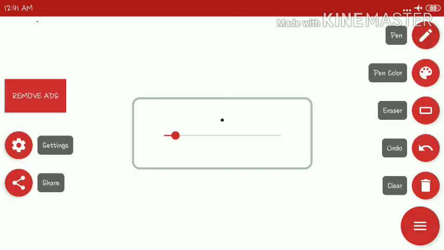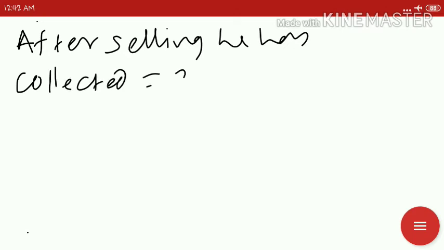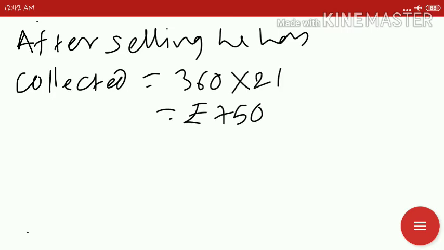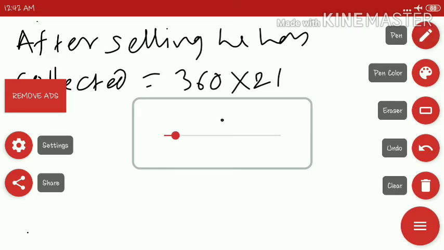So after selling, he has collected 360 shares sold at rupees 21, that means rupees 7560. That is going to be the investment for his next type of shares.